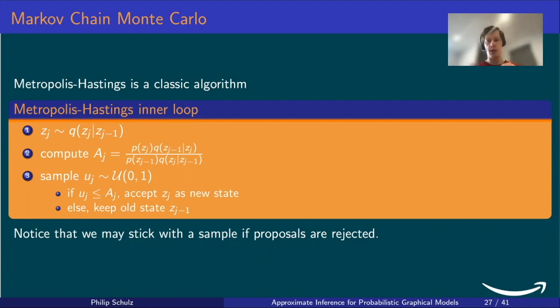And until we accept a new sample, we'll just stick with this one sample, which again also means that if this conditional distribution is badly chosen, right, and you are constantly rejecting samples, you'll just stick with this one sample all the time, which of course will not give you a very good representation of your posterior at all. So that's why it's important to choose a conditional distribution that actually allows us to transition quickly and draw as many different samples as possible.